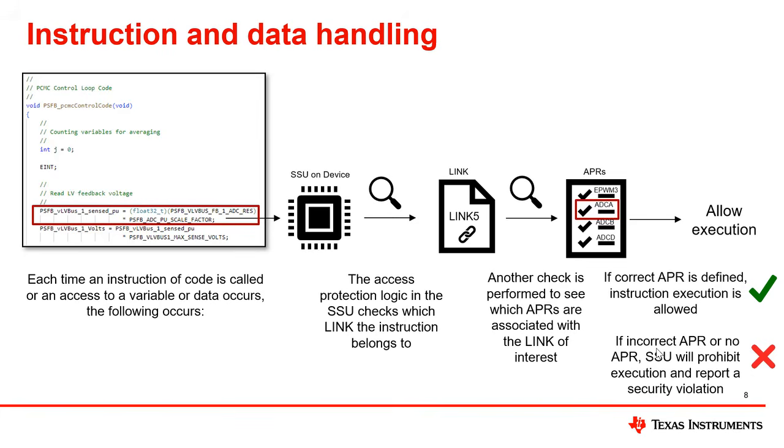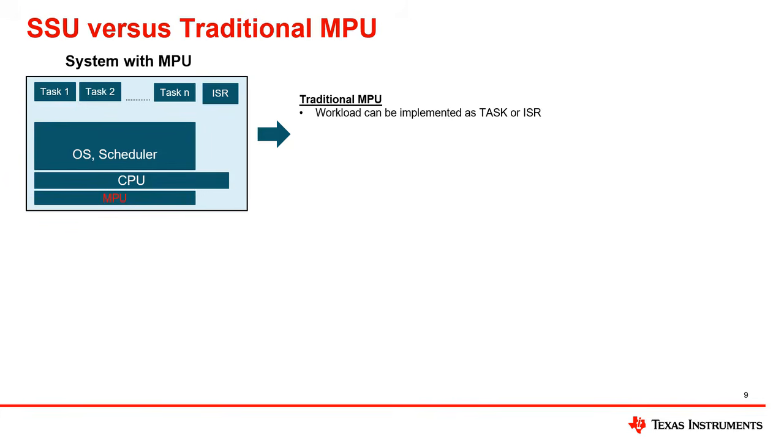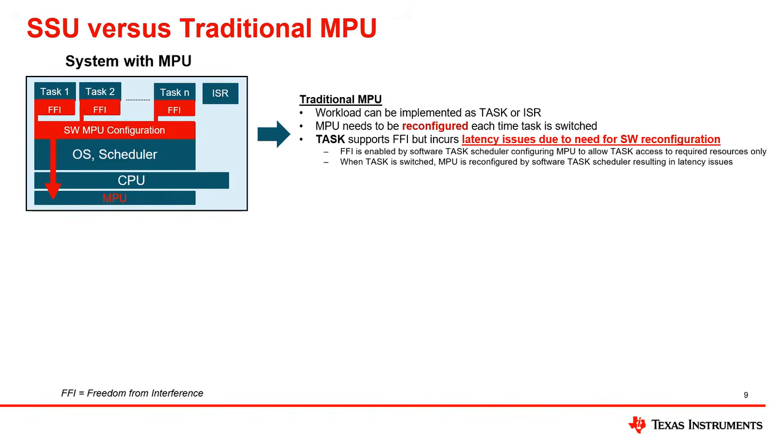In a system with a traditional MPU, workload can be implemented with either a task or an ISR. However, the MPU would need to reconfigure each time a task is switched by software through the task scheduler, that being some type of operating system or scheduler. This will add latency to the system because software needs to reconfigure the memory region protections, leading to extra software cycles.